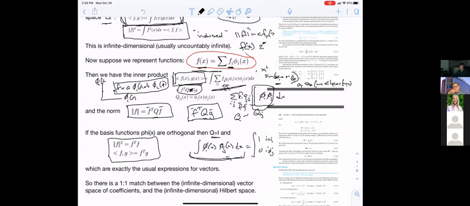And where we're going to go with this is that operations on functions can be done as operations on vectors. So I've already shown that the two most basic operations on functions, inner products and norms, have vector equivalents that look exactly like the thing in the vector space.